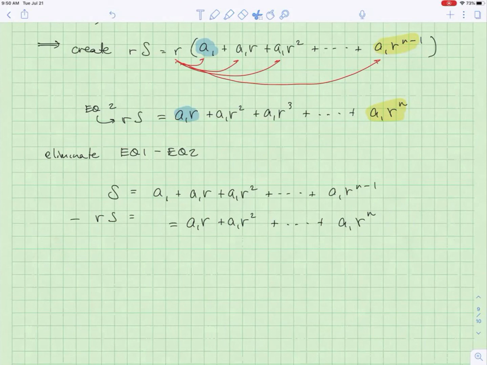If I move this term over just a little bit, what's the term that comes right before it? Well, it's going to have an A1 and some power of R, but that power is going to be 1 less. That's the term that comes right before it. So hopefully everybody's with me on that. This is the previous term.